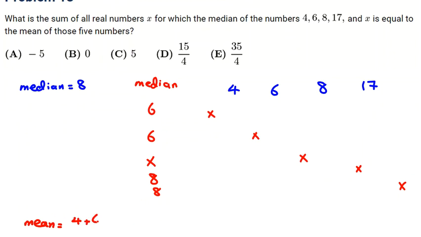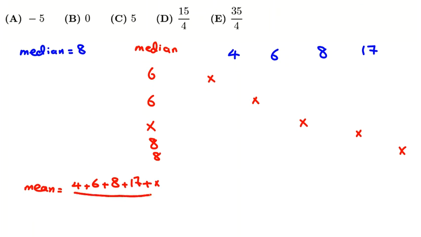It is (4 plus 6 plus 8 plus 17 plus x) all over 5. 4 plus 6 is 10, 18, 35. So 35 plus x over 5, or 7 plus x over 5.